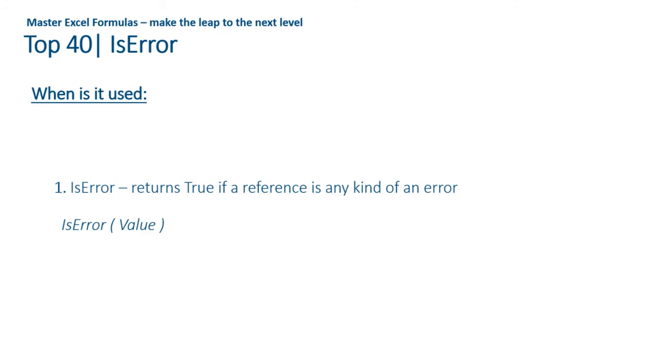Now back to the presentation. We have another formula here, which is ISERROR. ISERROR is a formula that is quite similar to the ISERR formula that we already discussed, but the difference between the ISERR and the ISERROR formula is that the ISERROR formula will return true even if there is an NA error.